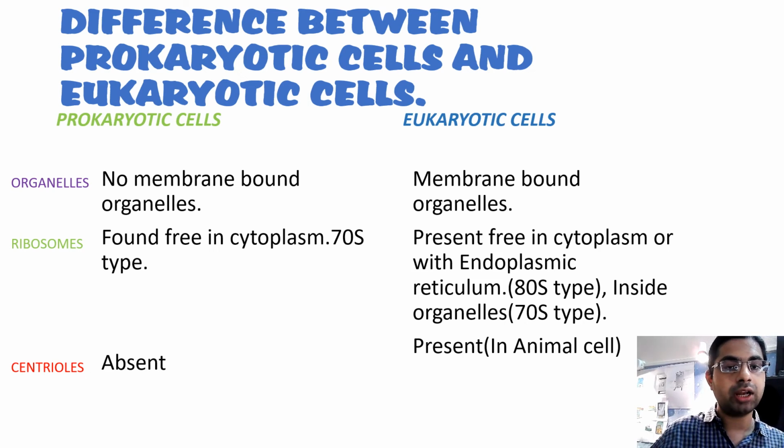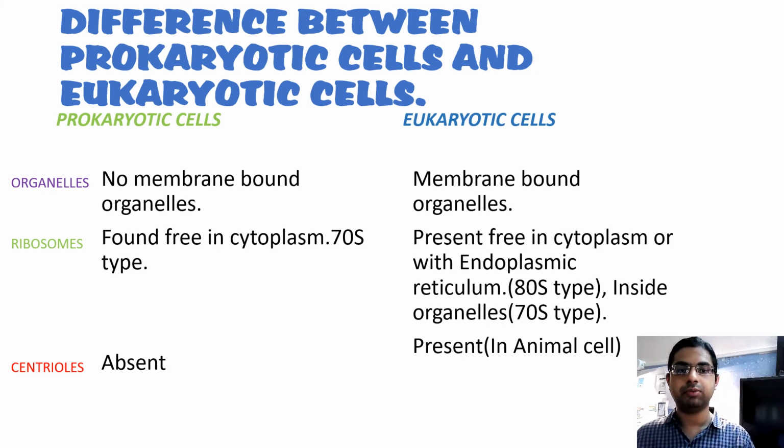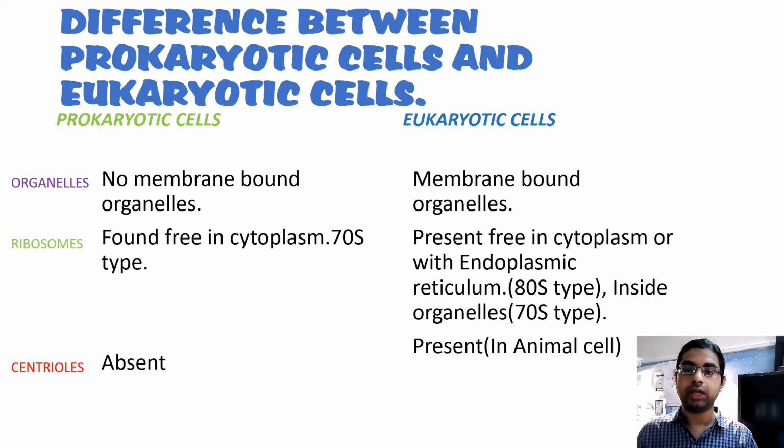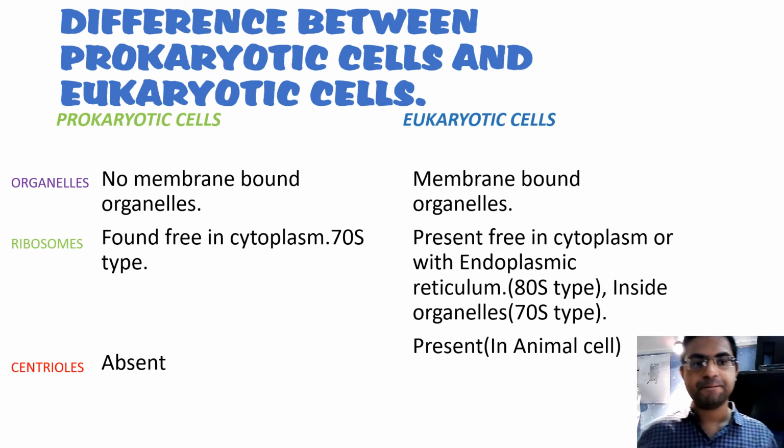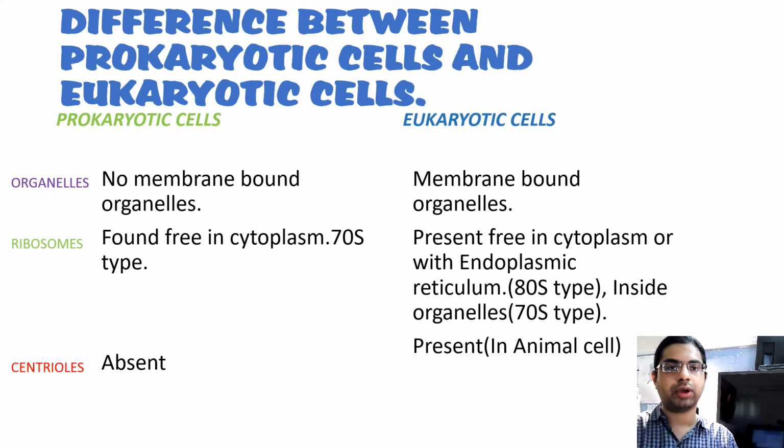In prokaryotic cells, ribosomes are found free in the cytoplasm and are of 70S type, whereas in eukaryotic cells, ribosomes are free in the cytoplasm or associated with endoplasmic reticulum. Both 80S and 70S type ribosomes are found in eukaryotic cells. Centrioles are absent in prokaryotic cells and present in eukaryotic cells, especially in animal cells. What centrioles are, I will discuss in my later videos.